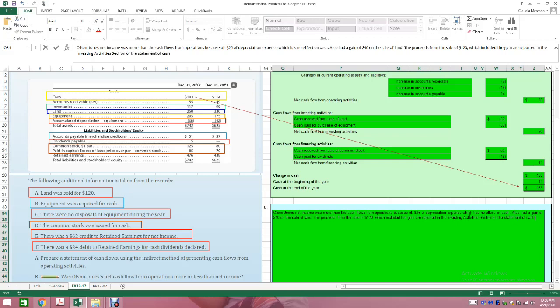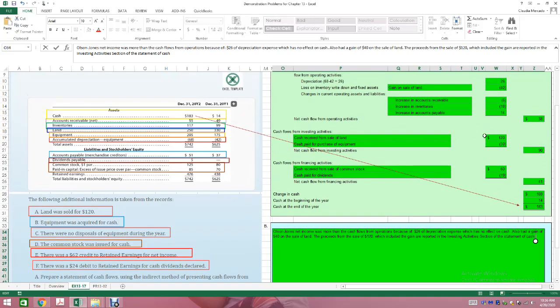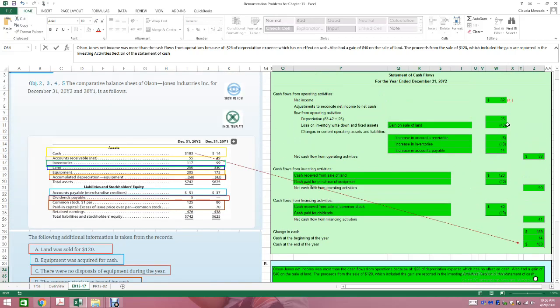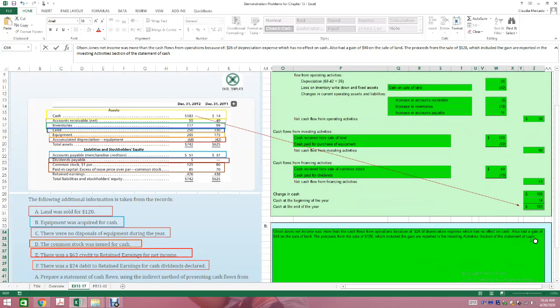That is why we subtracted it from here. We can't double count things. We included the sale of the land, including the gain, in my investing activity section. So because I'm including it in this section, I'm going to deduct the gain from this top section. I'm not going to include it here. That's why I made a deduction of $40 here.